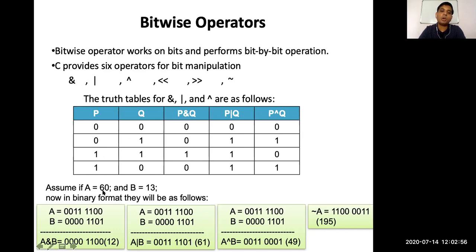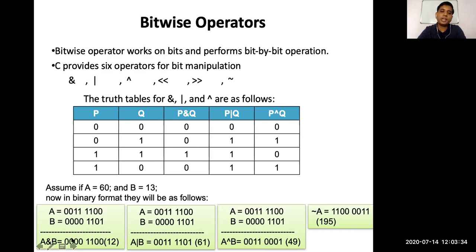It means that the value of the variables gets converted into binary, and according to the operation, suppose AND, you refer to the truth table of AND and evaluate the particular bits. For example, take A is equal to 60 and B is equal to 13. So the A value and the B value are given here in binary.